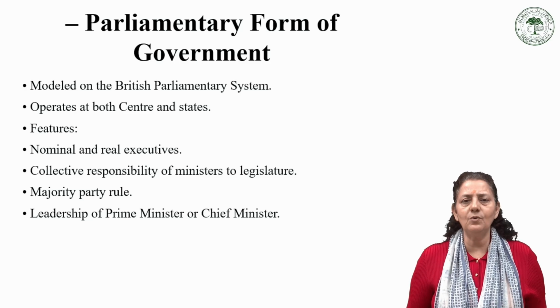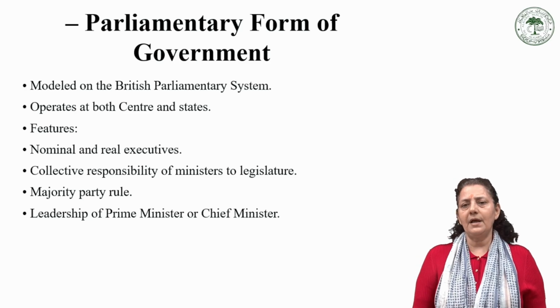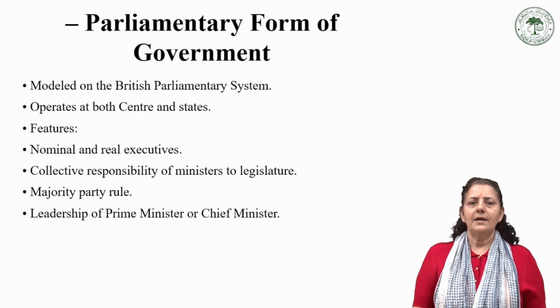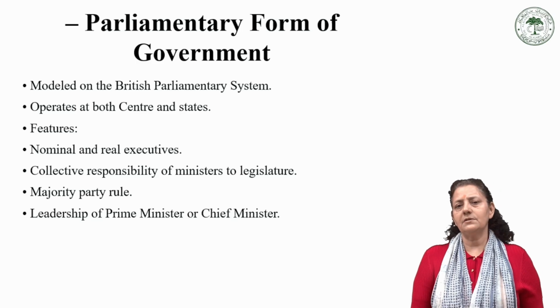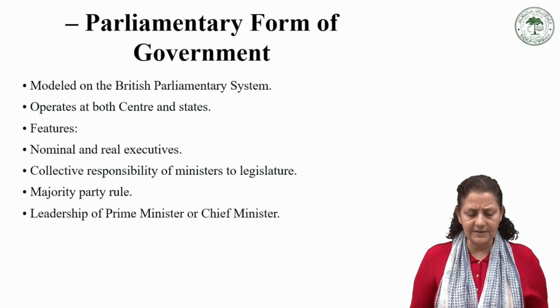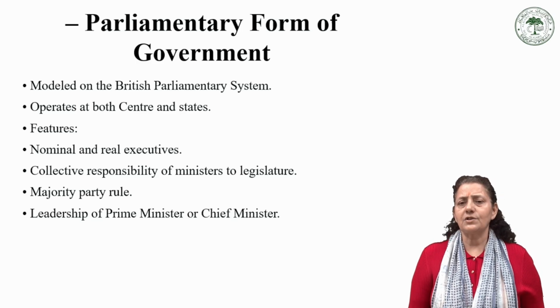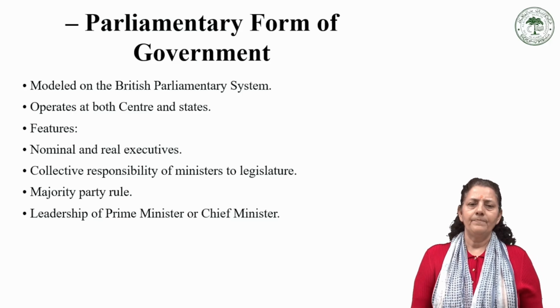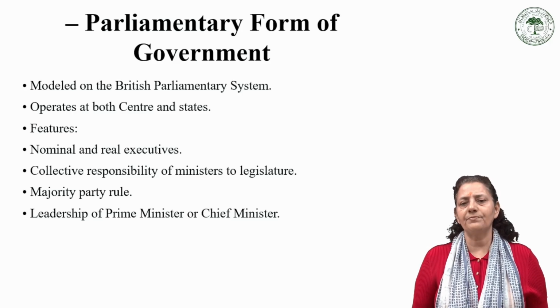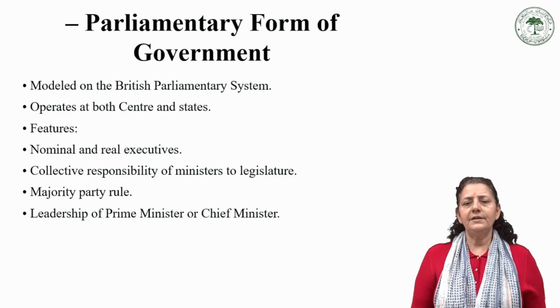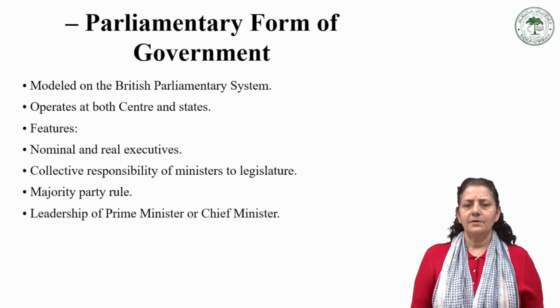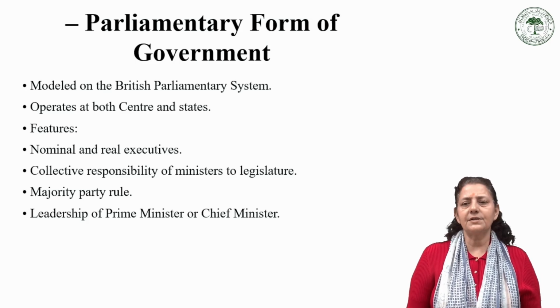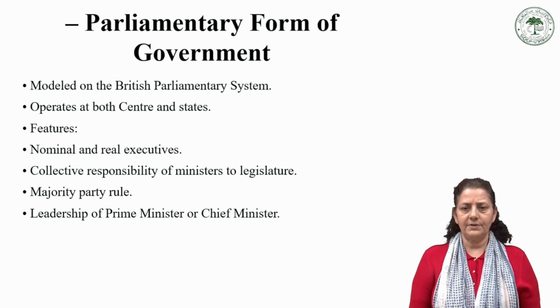Key features include the presence of nominal and real executives, collective responsibility of the council of ministers to parliament, and majority party rule. The prime minister and chief minister lead their respective governments, embodying political leadership within our constitutional framework.